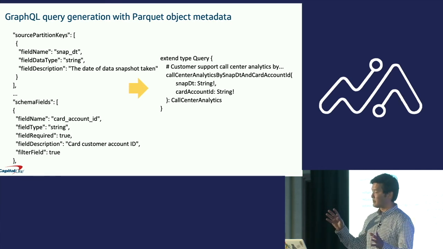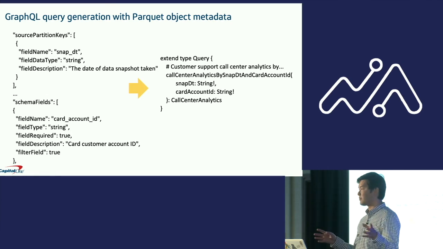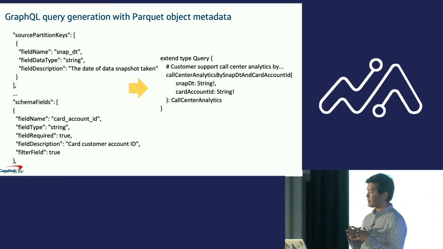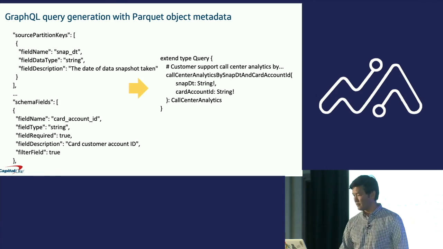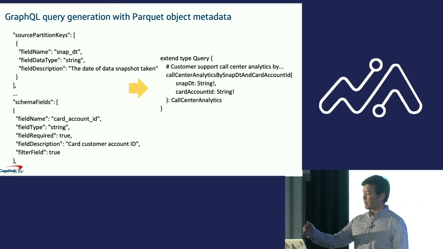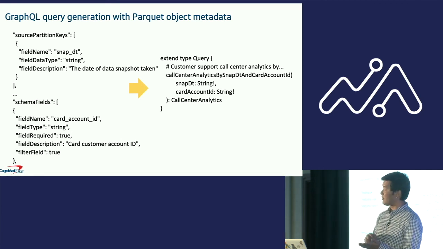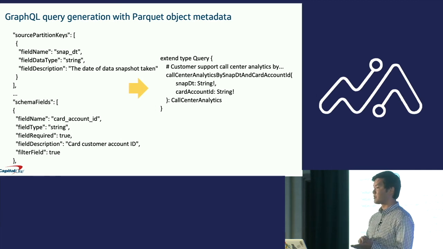Using this partition key and the filter key, we're creating a compound key that's exposed as the input of the query on the GraphQL side. Exposing these queries in this way helps make sure that your queries will perform well, because it's always using the partition key and then always using the filter key that the data producers want you to use.